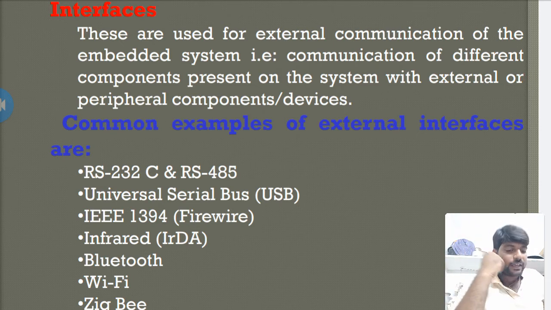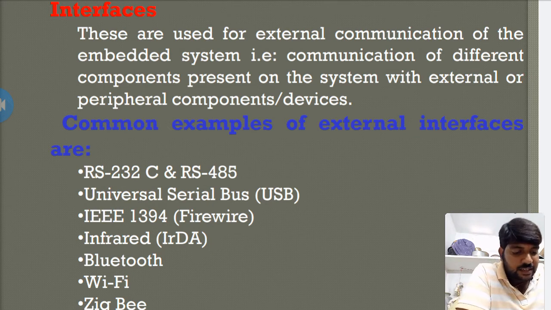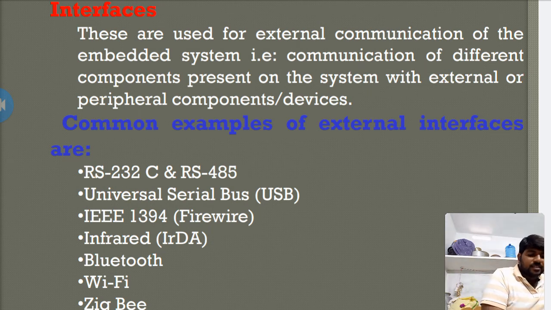IrDA communication involves a transmitting unit for transmitting the data over IR, and a receiving unit to receive the data. An infrared light emitting diode, LED, is the IR source for transmitting. At the receiving end, a photodiode acts as the receiver. Both transmitter and receiver units are present in each device supporting IrDA communication for bidirectional data transfer, and such IR units are known as transceivers.